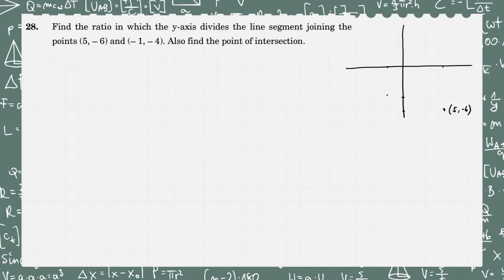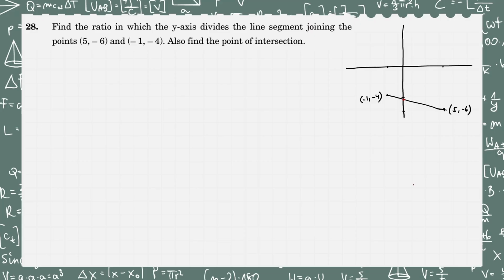So this is the point minus 1 minus 4. When we join these two given points, it will cross the y-axis obviously, right? So what that particular point is, is what we need to find out. So this is the point at which the line segment crosses the y-axis.